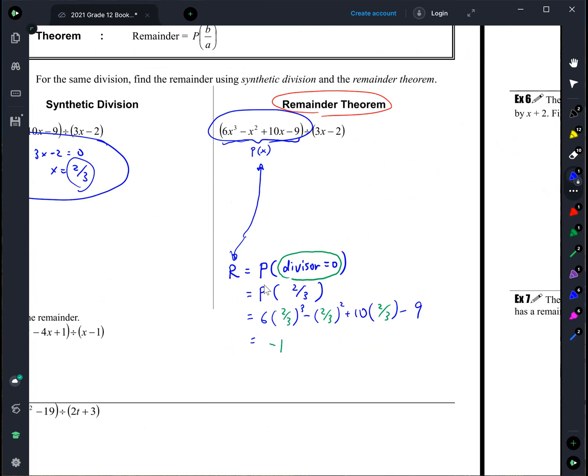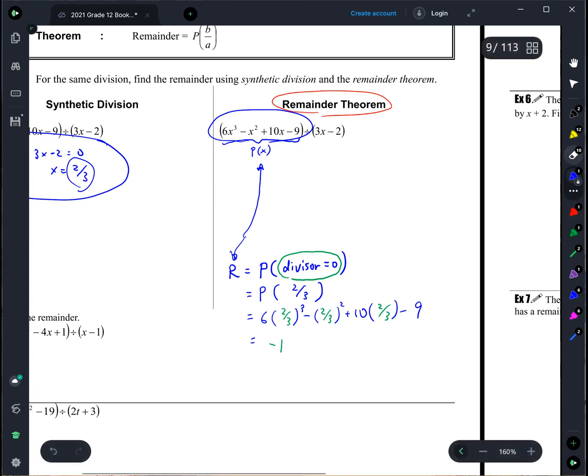Yeah, so you replace all the x with 2/3. Let me know when you found the number. I got -1 as well. Daniel, how about you? I got -1. Okay, so let's find out if it's correct.